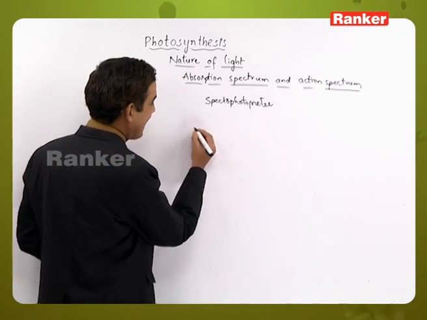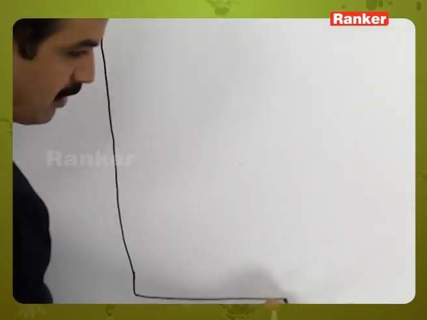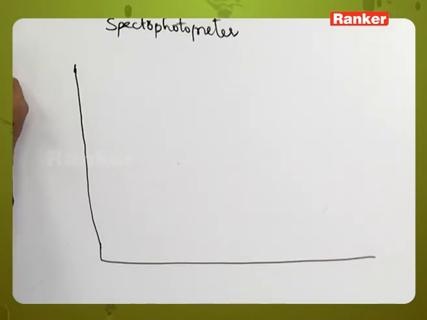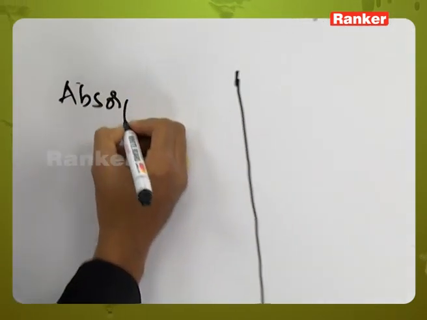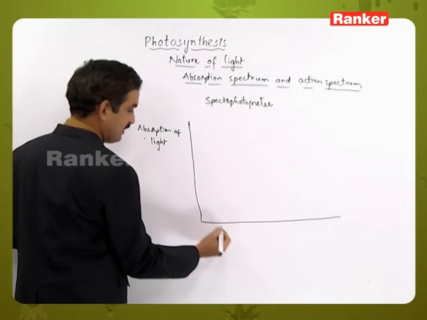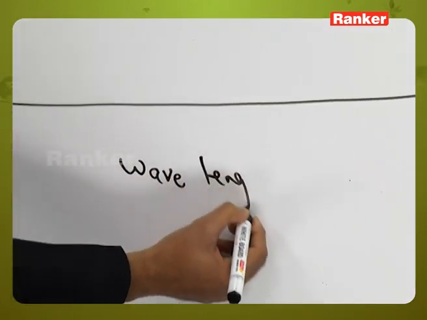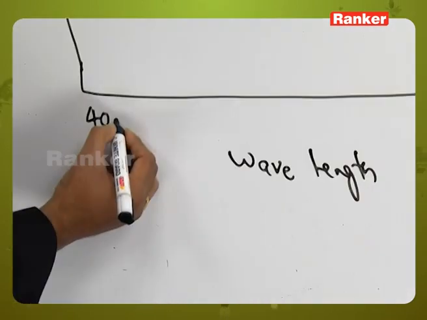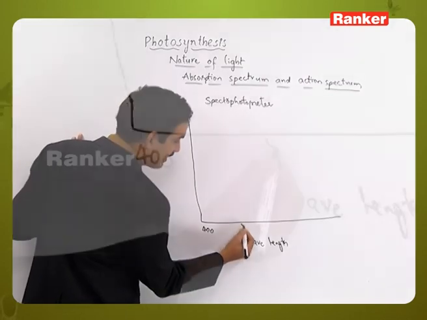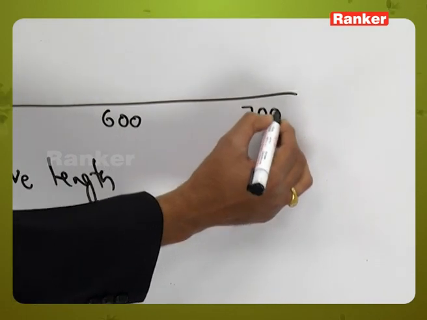If you plot a graph by taking the absorption of light against the wavelength, taking from 400 nanometers, because the maximum will be there after 400 nanometers only, 400 nanometers, 500 nanometers, 600 nanometers and 700 nanometers of wavelength.